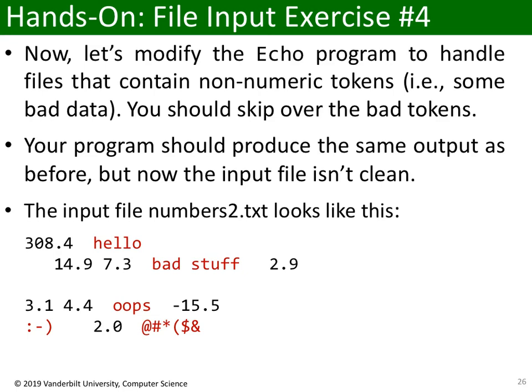But we've not found the end of the file. We just have found a token that can't be read as a double. So we want to modify our program so that rather than stopping and saying we can't read anymore, we ignore these tokens that can't be read as doubles.